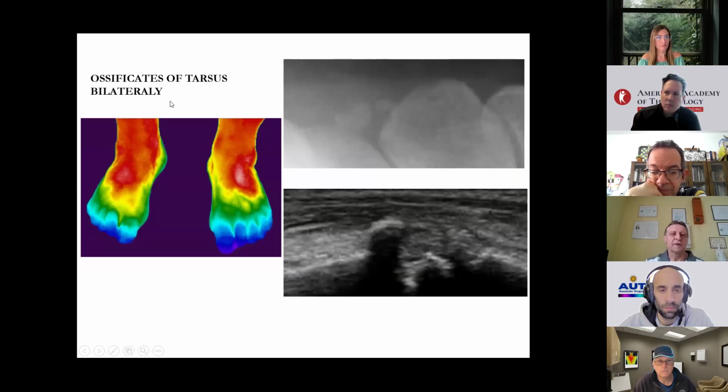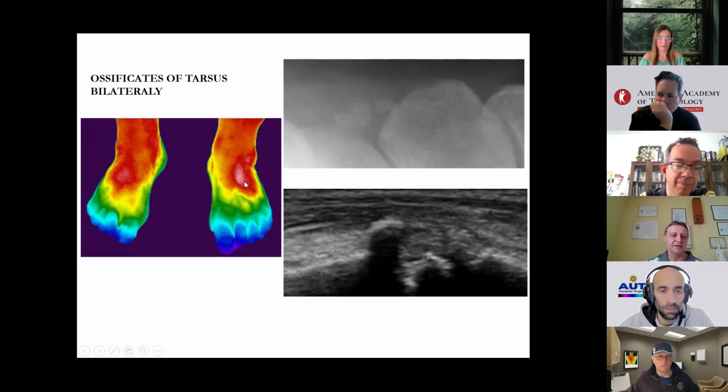Ossificates of tarsus bilaterally. On X-ray and on sonography, we can see these ossificates dorsally on the foot on both sides, which lead to increased temperature activity over the ossificates in both feet.